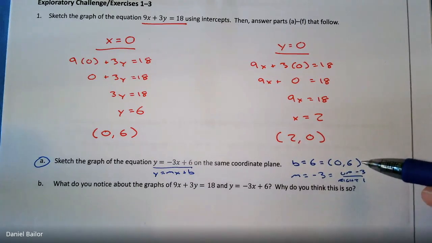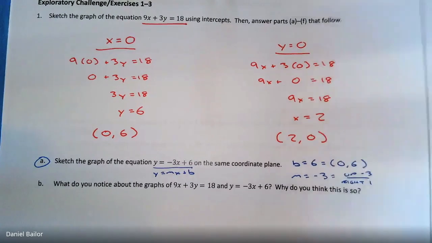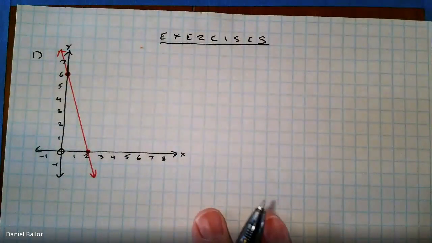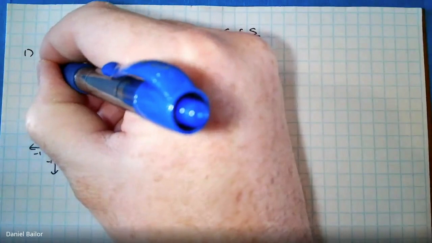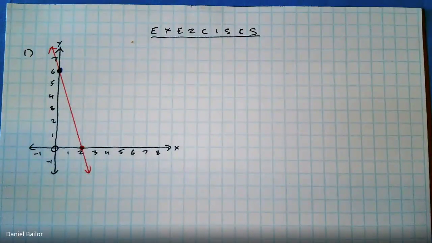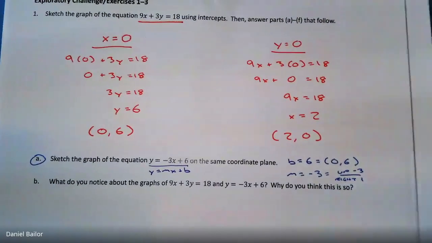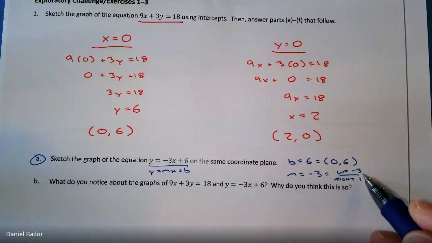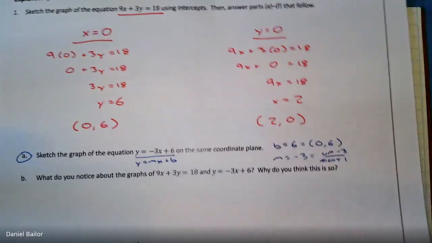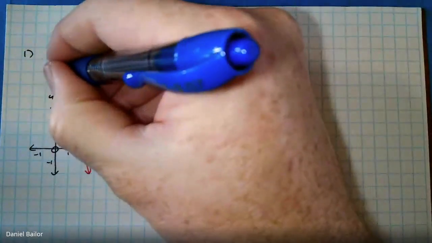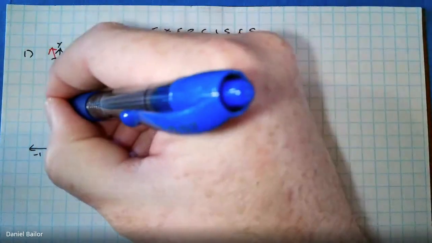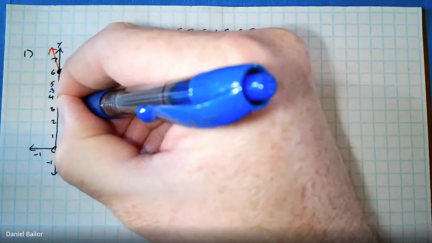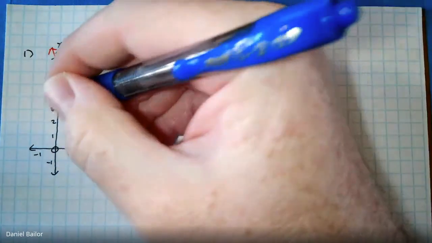I need my y-intercept, which is (0, 6). So on the same graph, I do 0 on x and 6 on y, so it's going to be right there. And now I need to follow my slope rule, up -3, which means down 3, and right 1. So down 1, 2, 3, right 1. So this is my other point.